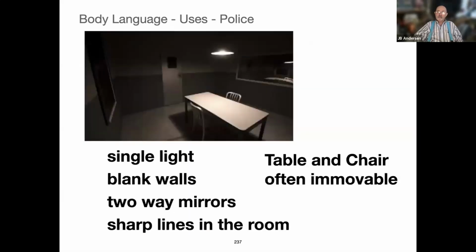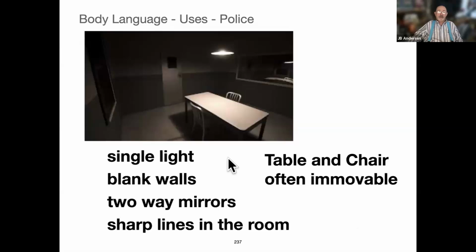First, single light shining downward, bright, blank walls, nothing on the walls, no paintings hanging in there, no signs that direct you to some place, this door leads to the hallway, that kind of stuff. There are two-way mirrors. Here's one, here's one. So there's people in the next room and I can't see them, but they're watching and listening to this.